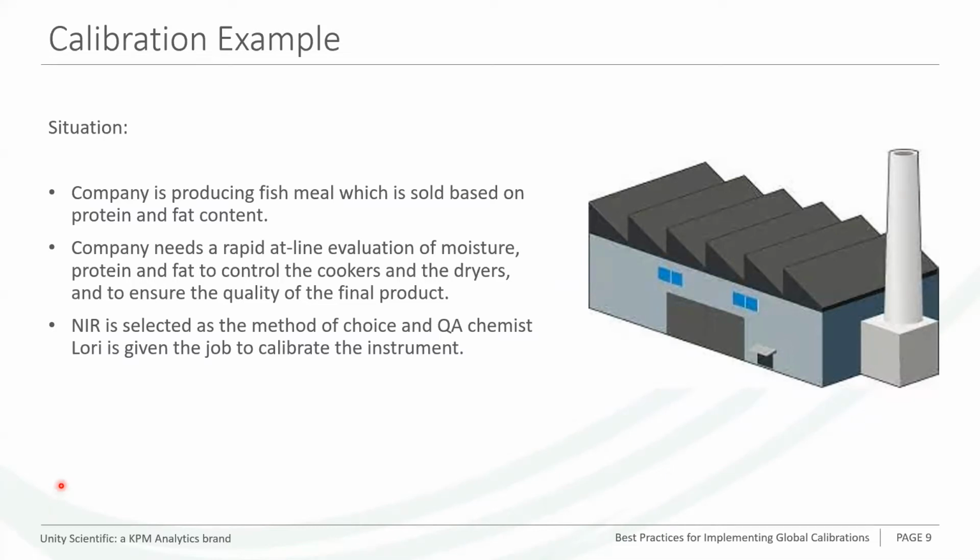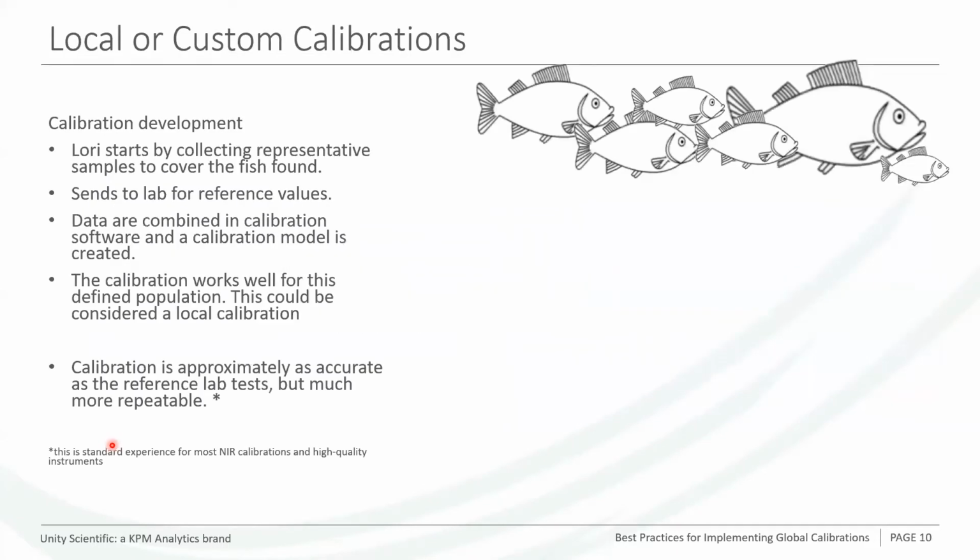So they've investigated and they've chosen near infrared as the method or technology of choice, and they've given this job to a QA chemist named Lori. Her job is to calibrate the instrument. So Lori reads up on this a little bit, and Lori starts her calibration process. She knows that she needs to collect representative samples.